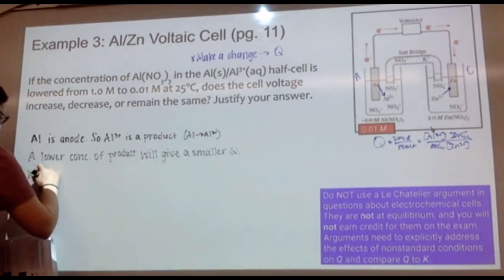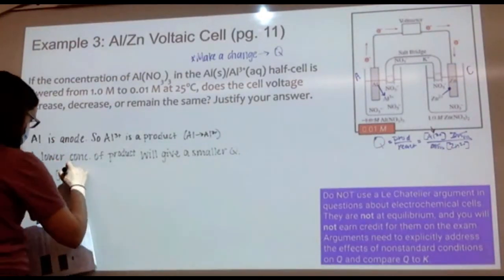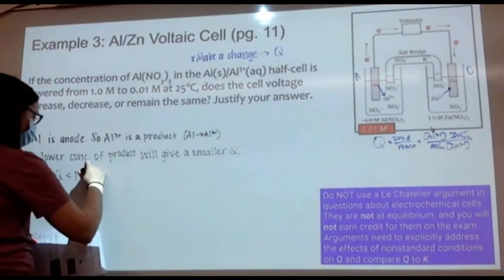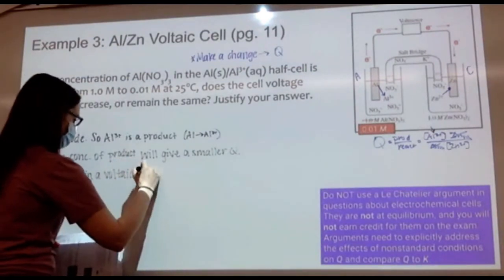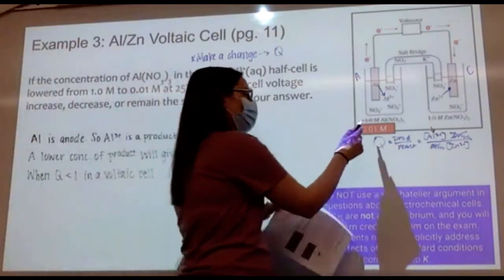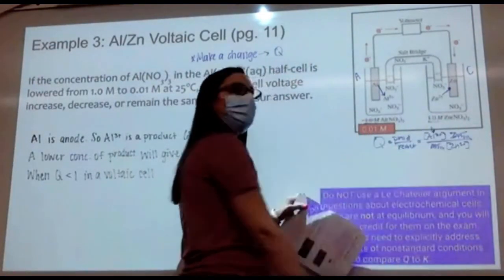Now, here's the most important part. So when Q is less than 1, in a voltaic cell. Now you say, well, how do we know it's less than 1? Well, look, at standard, this was 1 molar and 1 molar. It's 1 over 1.